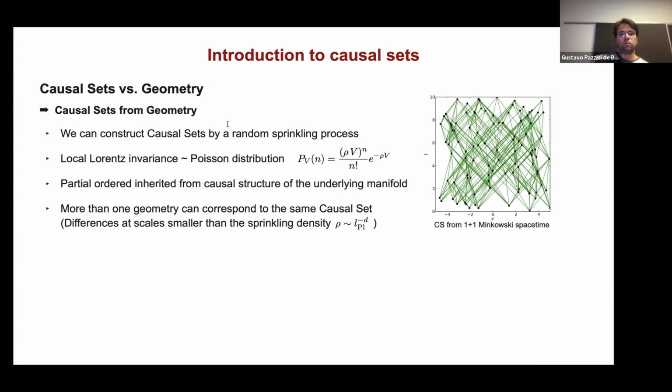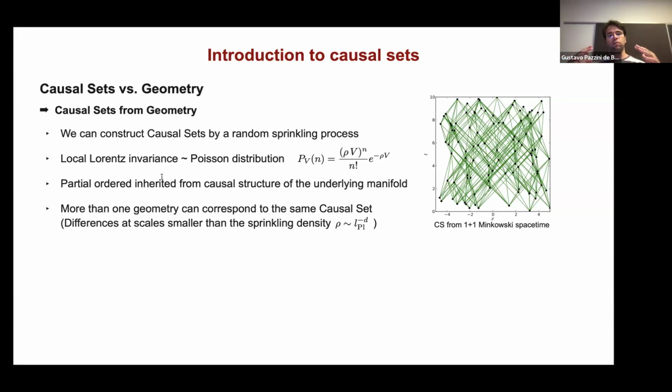The idea is that you randomly throw points in a geometry, according to a Poisson distribution, because you want to keep Lorentz invariance of the theory. And the partial order between the different points that you sprinkle in a given manifold is inherited from the causal structure of the geometry.